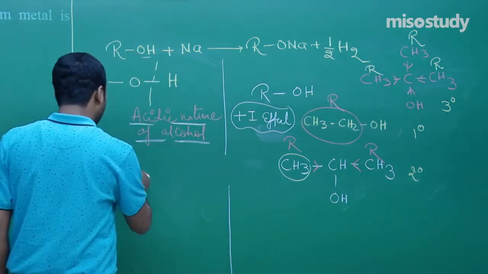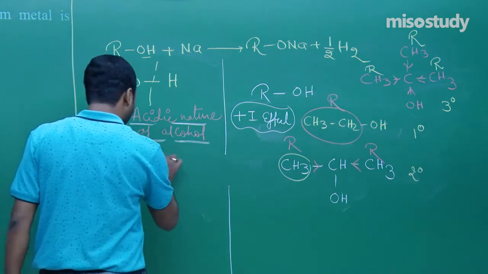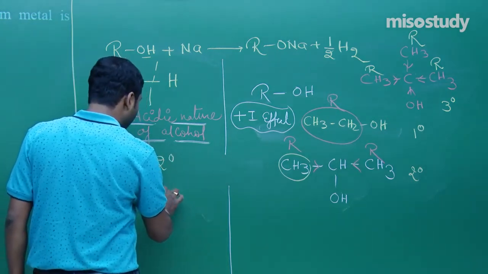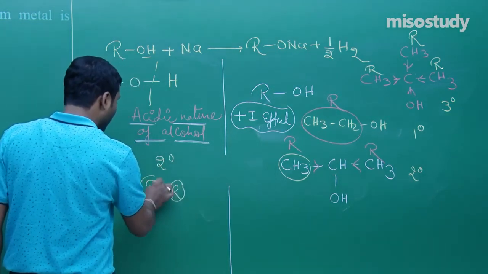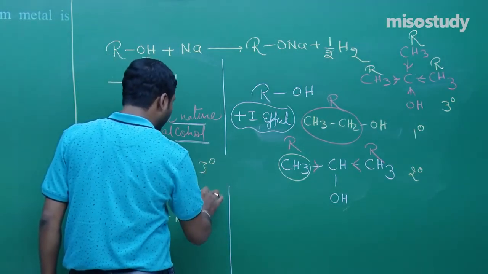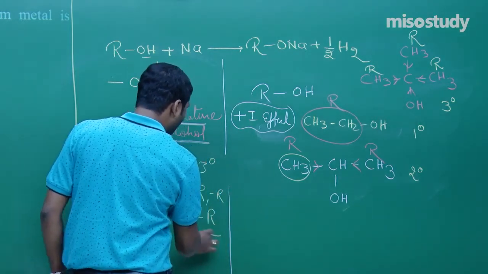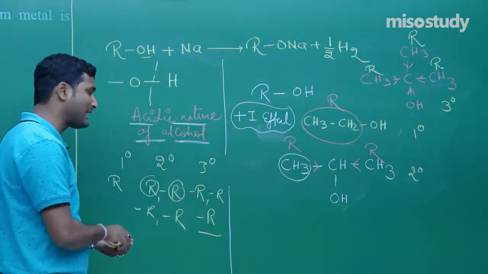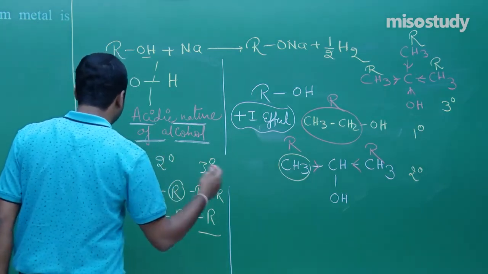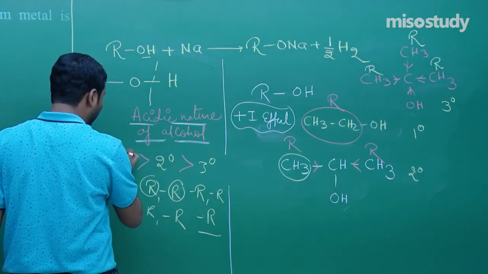So 1 degree contains only 1 alkyl group, 2 degree contains 2 alkyl groups, that is R and R, clear? And 3 degree contains 3 alkyl groups. The more the alkyl groups, the more the plus I effect, and the more the plus I effect, the less the acidic character. So this is the acidic character order.